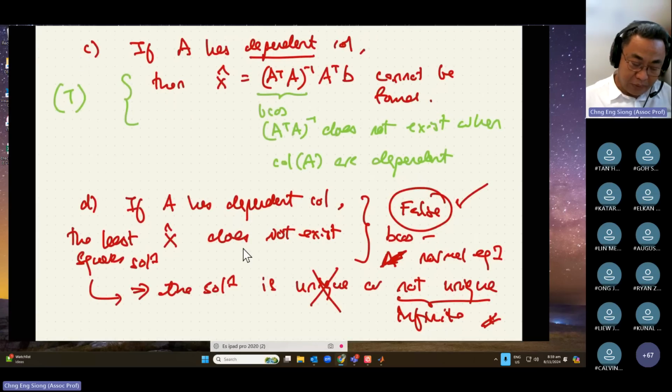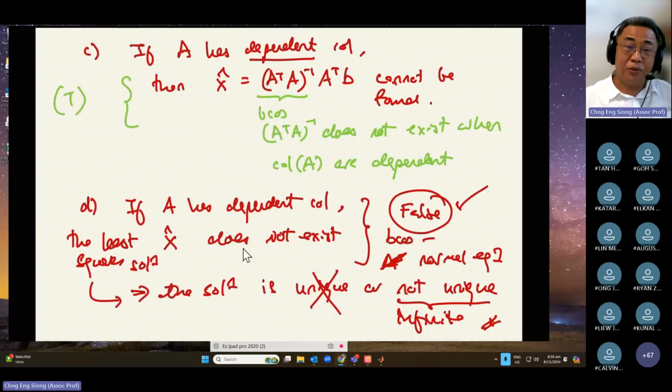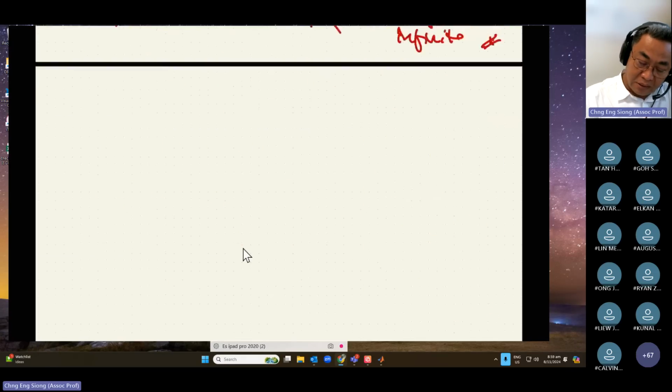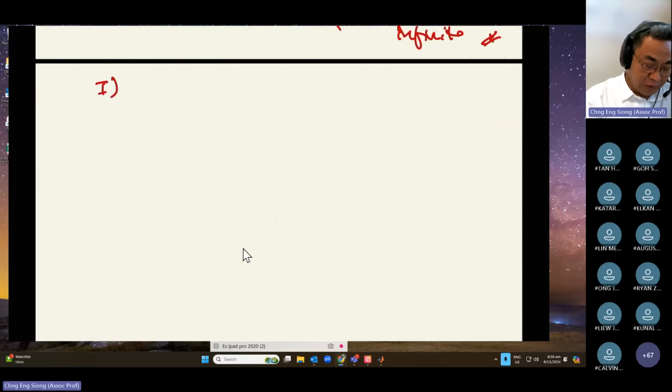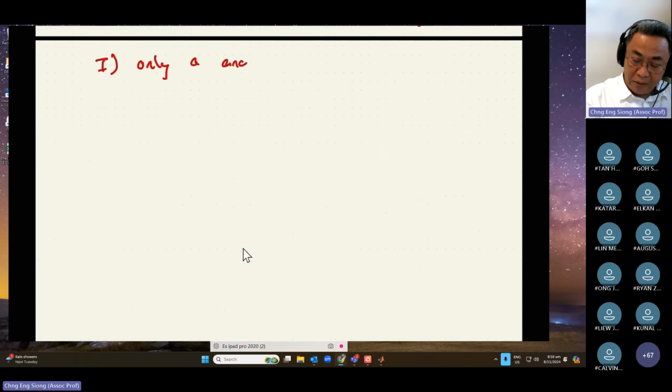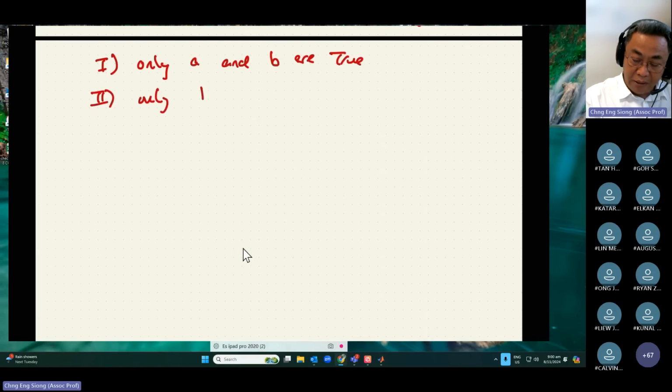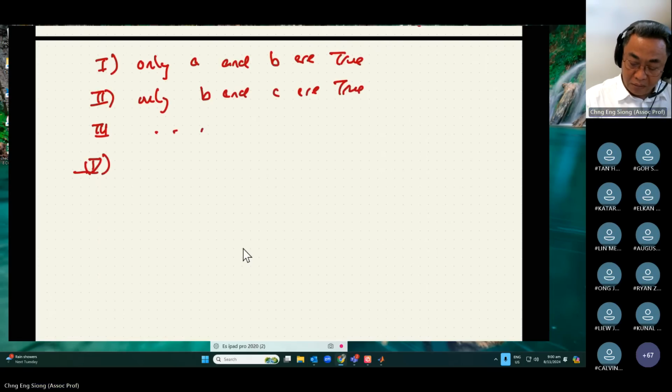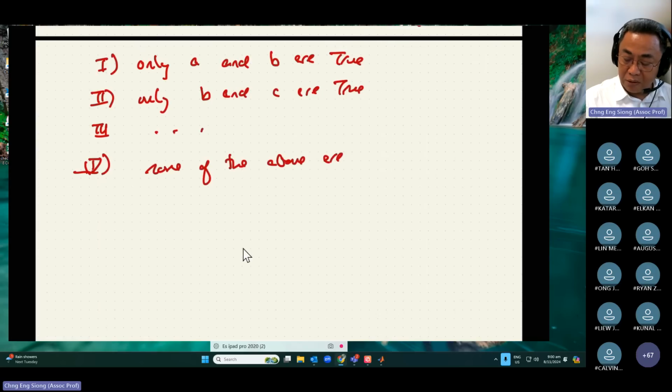The choices are like this, but in the quiz, you are asked which are true: only A and B are true, only B and C are true, etc. And the worst one is, none of the above are totally correct.